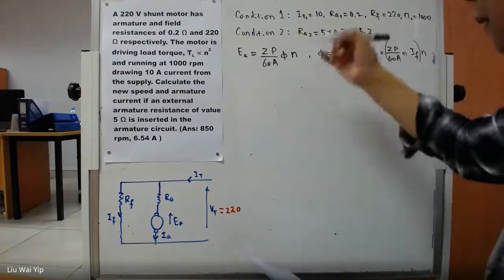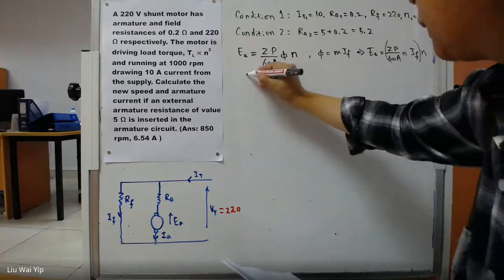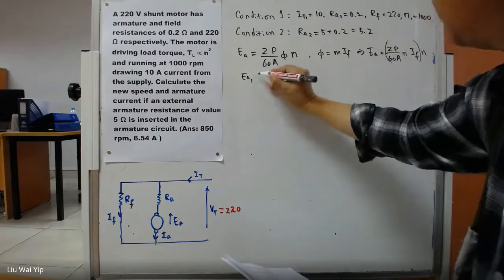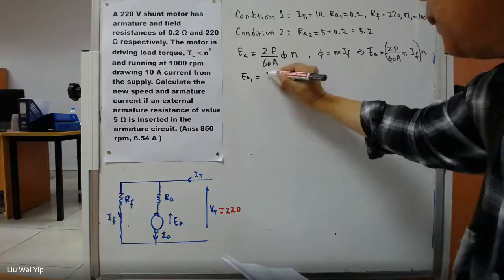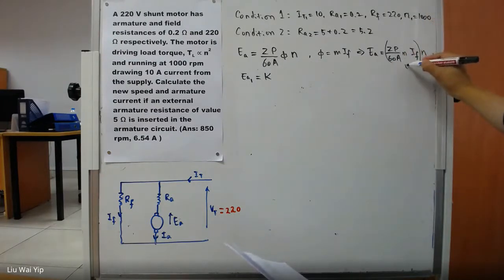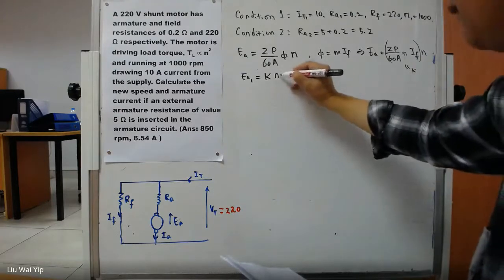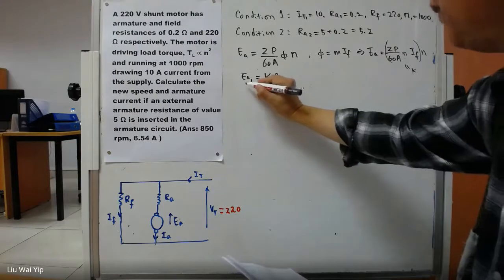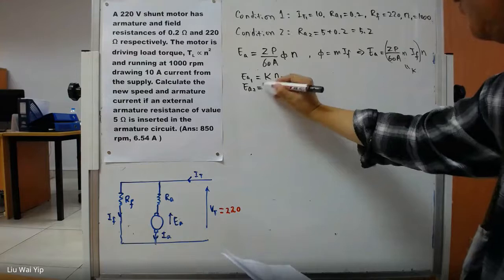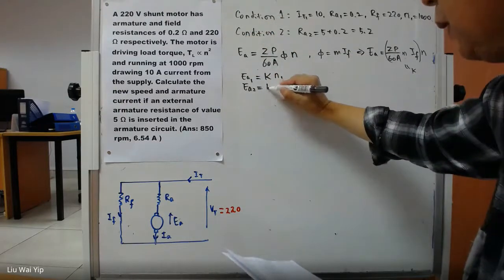So in this case, if you are given two conditions, you can rewrite EA1, which is K. K stands for this value. This is K and N1, and then we have another armature voltage, which is specific to condition 2. Then we have a K value.